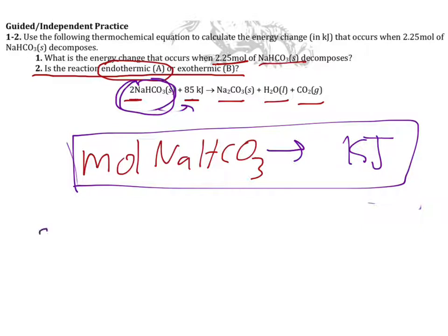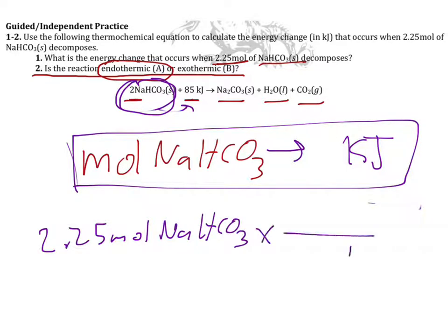In this situation, we have 2.25 moles of NaHCO3, and we can go from moles of NaHCO3 to kilojoules.